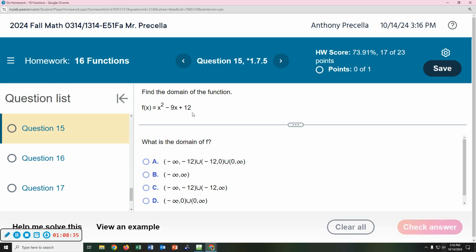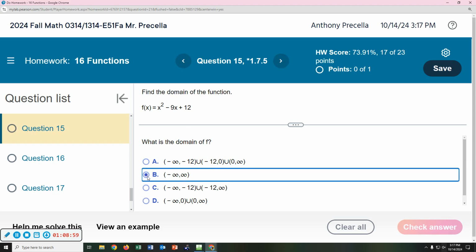What about undefined results? Denominators of 0. Will you get a denominator of 0 at any time? No, because there are no fractions appearing. No fractions, no square roots, unless they tell you otherwise. What do you assume the domain is?